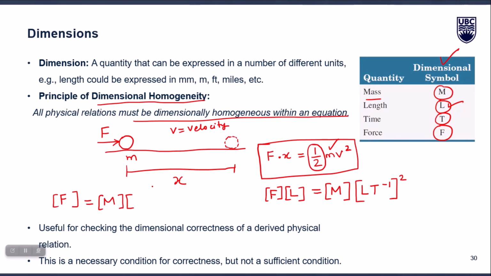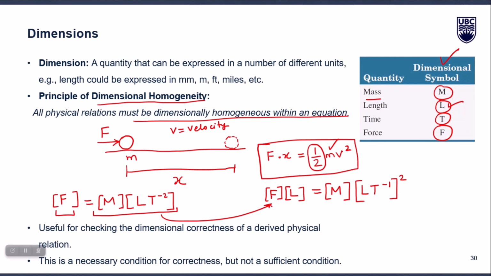So length divided by time square. So let me call it LT raised to power -2, right? So the dimensions of force can be written in terms of dimensions of mass, length, and time. So it is MLT raised to power minus 2. So let's replace that here.